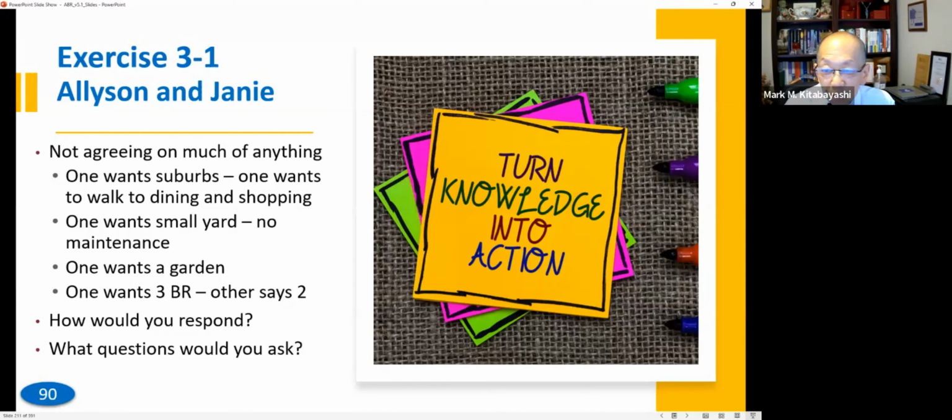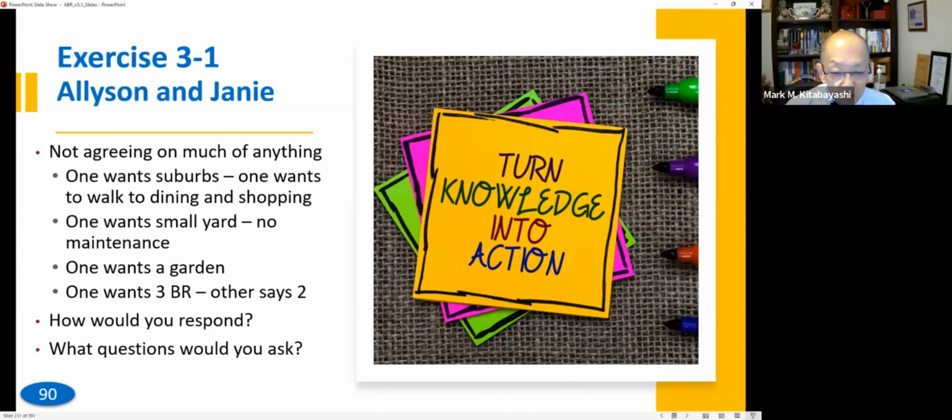They're not agreeing on much of anything. So two people buying a house. One wants a suburb. One wants to walk to dining and shopping. One wants a yard, and one wants no maintenance.